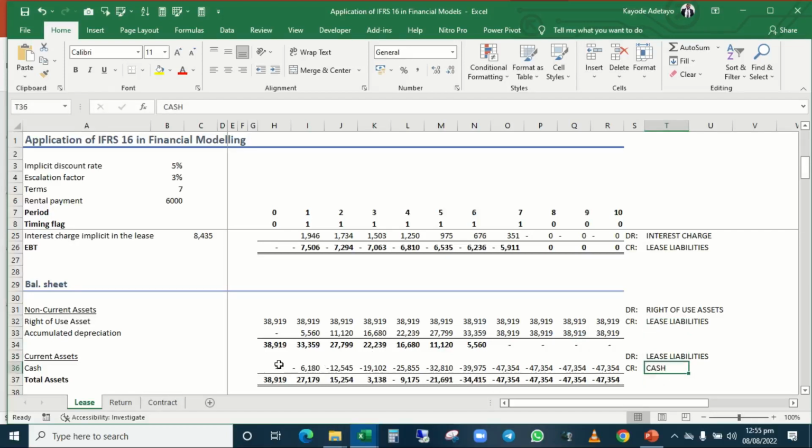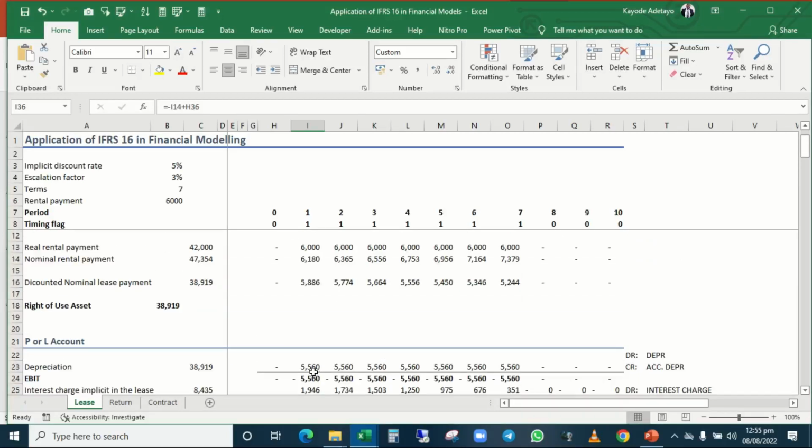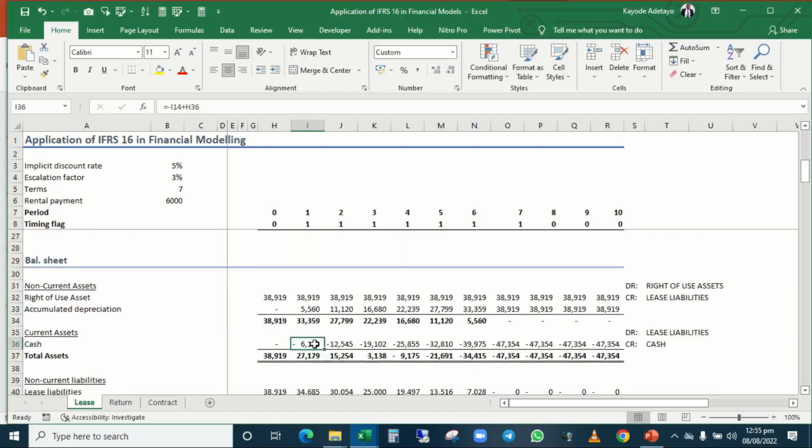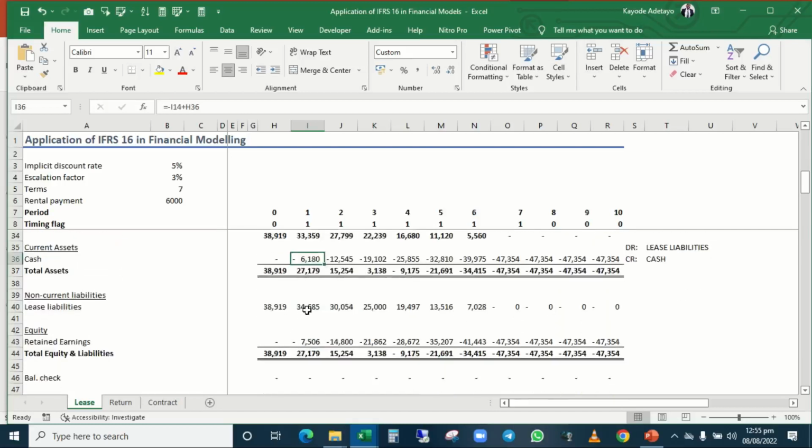So you can see that cash was paid. The cash paid was the nominal lease payment, which is 6,180. So this is equivalent to the nominal lease payment. When cash is paid, you credit your cash, and that's why this is negative, and we are debiting this lease liability.